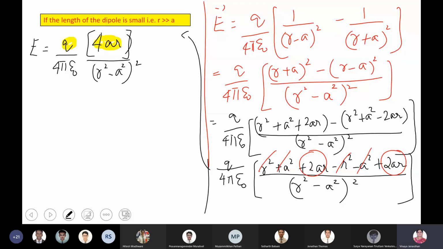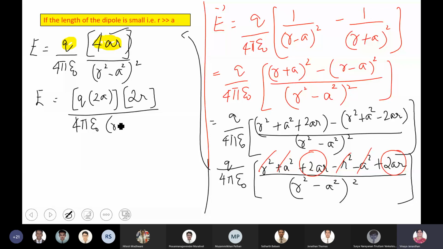So E becomes equal to, boys, I can take Q into 2A. Then what is left here? 2R, correct? By 4 pi epsilon naught into R square minus A square, the whole square.